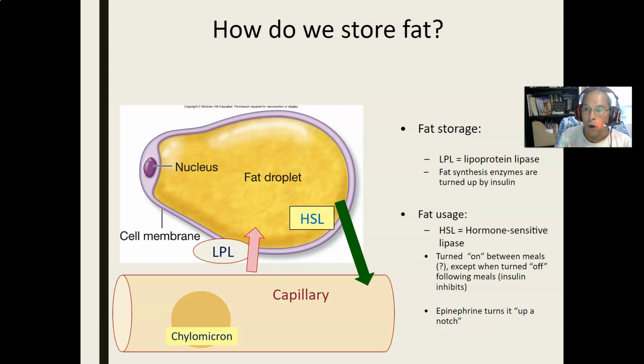When we eat carbohydrate-rich foods, we will raise insulin, right? Insulin tells cells, take up glucose. Well, if you're taking up glucose, aren't you storing stuff? You don't really want to be releasing stuff. And that's exactly how insulin affects fat cells. Insulin turns off this enzyme or turns it down.